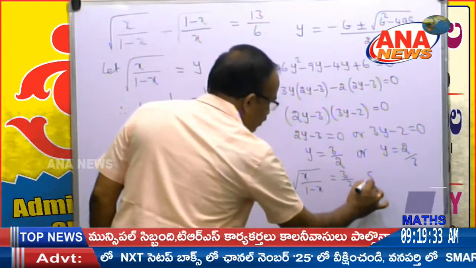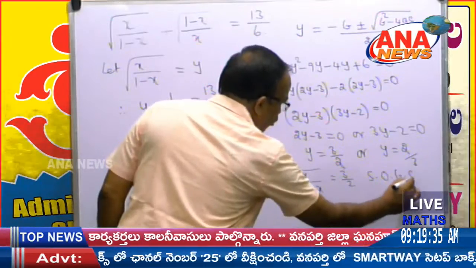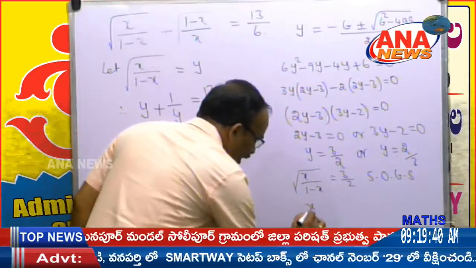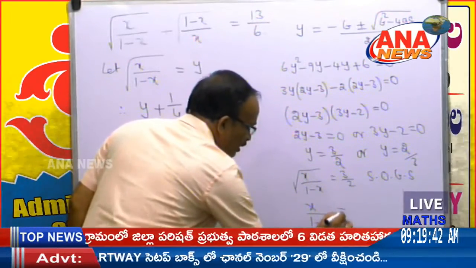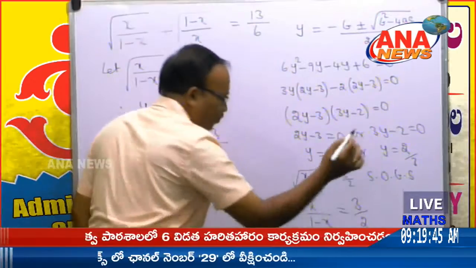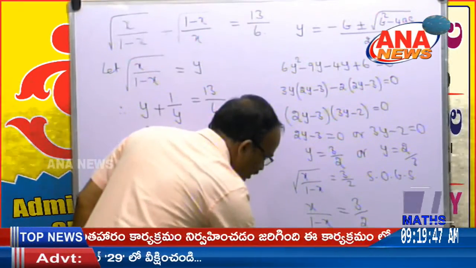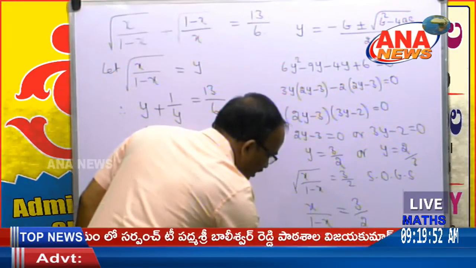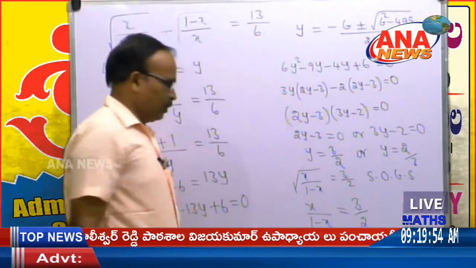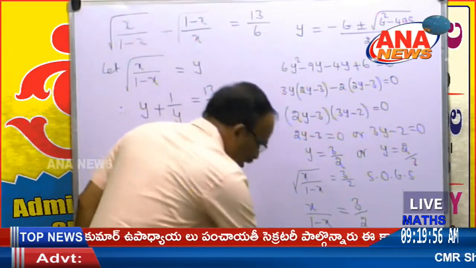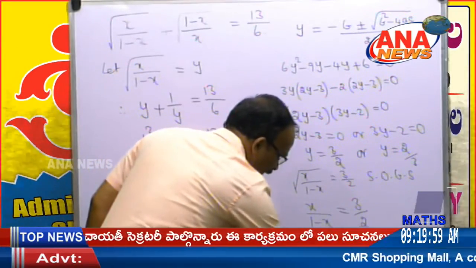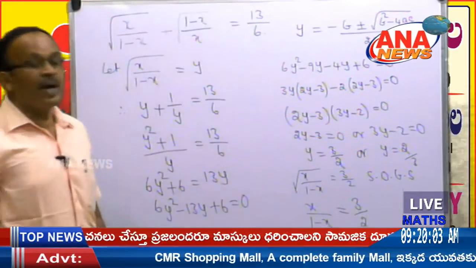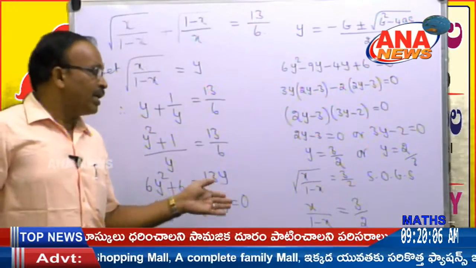Squaring on both sides, x by 1 minus x is equal to 9 by 4. So 4x is equal to 9 minus 9x. So 13x is equal to 9, which implies x is equal to 9 by 13.